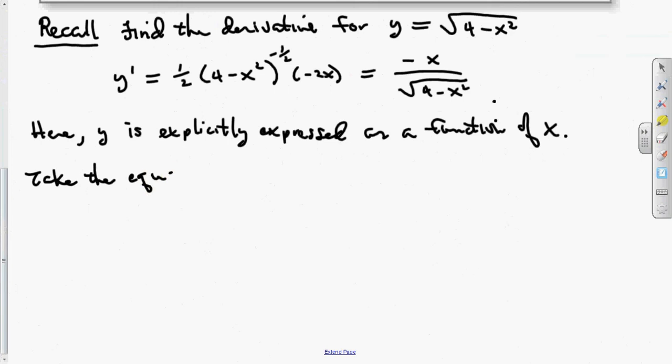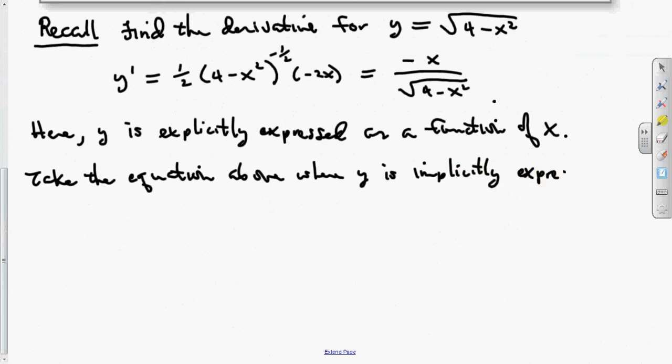Take the equation above where y is implicitly expressed. That is, if we have x squared plus y squared is equal to 4.